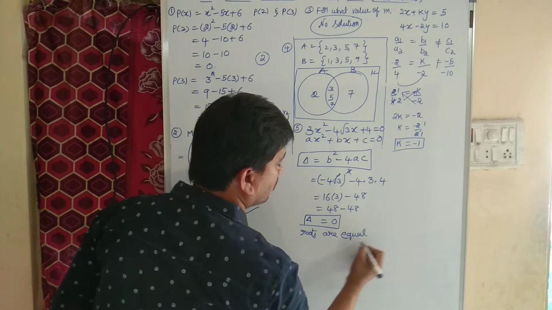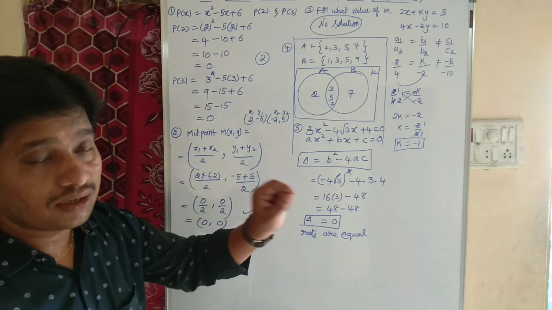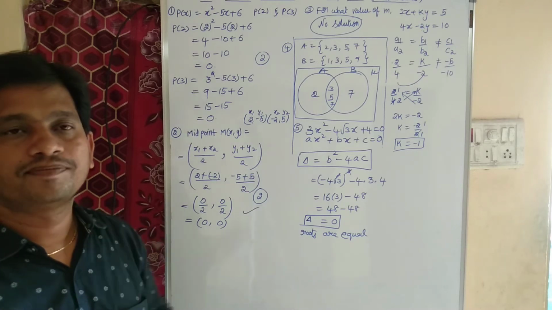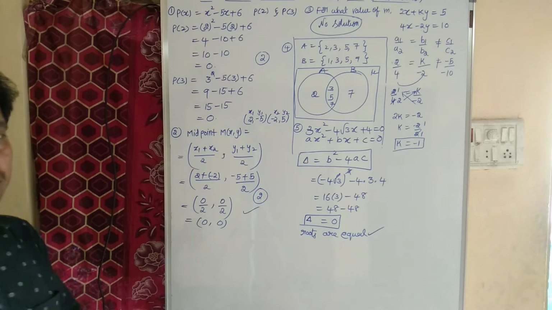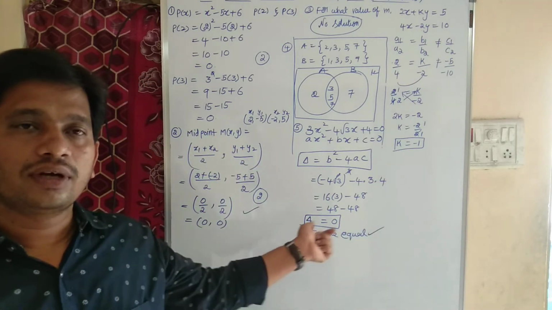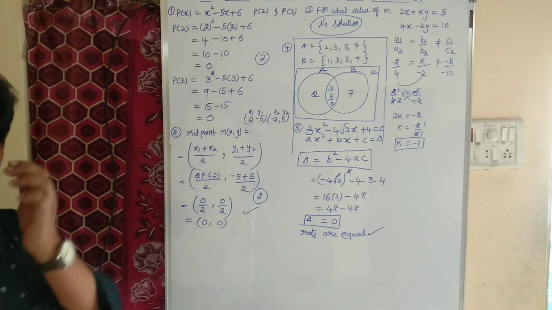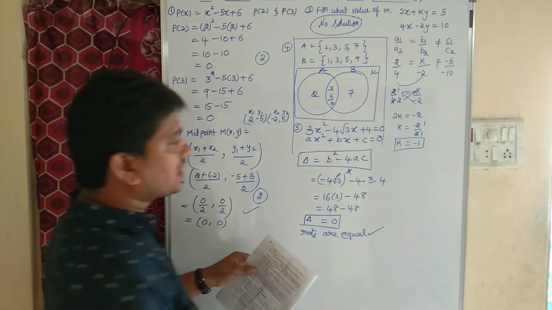If you won't write this condition, I mean roots are equal, you will not get 1 mark. This is the most important point. You need to mention this. If b square minus 4ac value is equal to 0, then the given equation has equal roots, right? Now coming to question number 6.